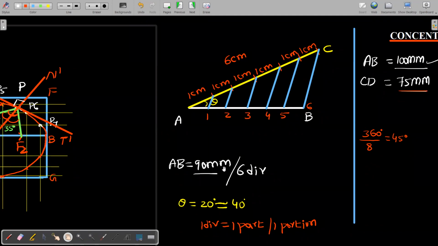Draw the 6 centimeter line and mark 6 divisions: 1, 2, 3, 4, 5, 6. 1 dash, 2 dash, 3 dash, 4 dash, 5 dash, and this becomes 6 dash. So 6 divisions are there. Then you join the end points, then draw the lines like this. Then you can get the division points.